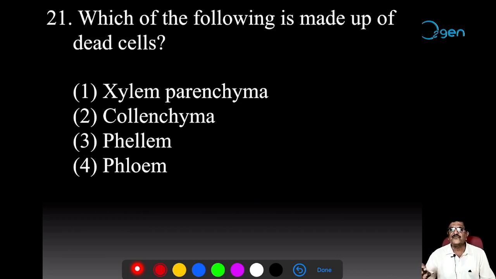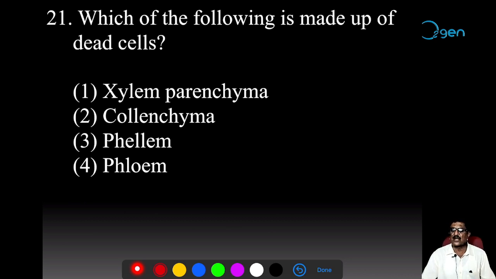Next, which of the following is made up of dead cells? The xylem is a complex permanent tissue which consists of 4 types of elements: tracheids, vessels, xylem parenchyma and xylem fibers. Out of those, 3 are dead, but xylem parenchyma is living tissue. Collenchyma, commonly called living mechanical tissue, is also living.